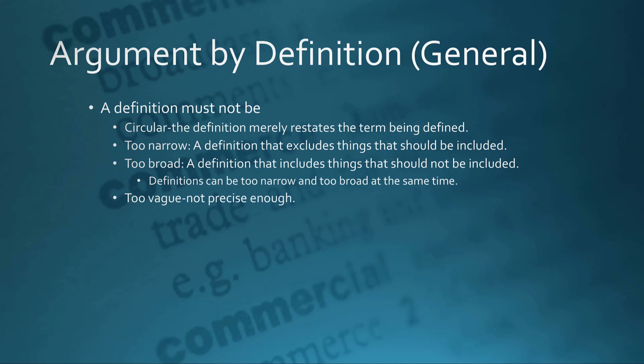And of course, you can get into a debate about what should be in there. And a definition that's too broad, you might guess, lets things in that should not be included. So a definition, the metaphor that I heard centuries ago when I took my first logic class, was like a doorkeeper or bouncer at an exclusive club.